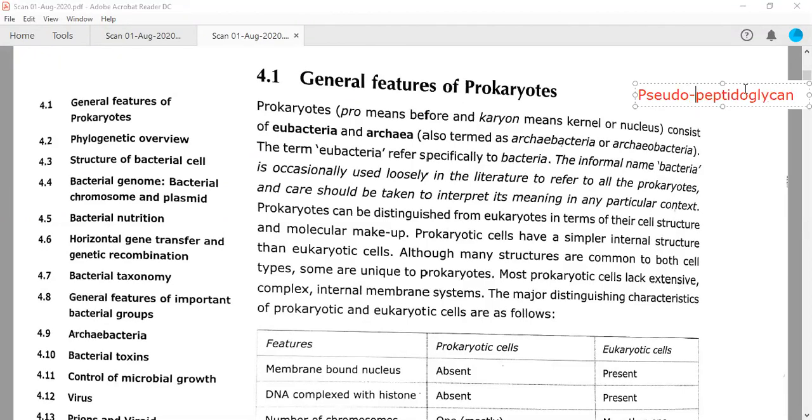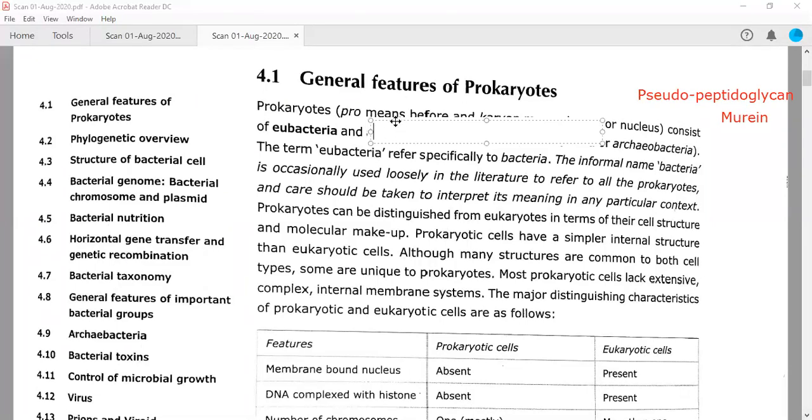The bacteria is having peptidoglycan, whereas the archaea is having pseudopeptidoglycan. Peptidoglycan is also written as murein. So murein or peptidoglycan is same. And if you put the pseudo term here, this will become pseudomurein. This type of cell wall, pseudomurein or pseudopeptidoglycan, is present in the archaea.